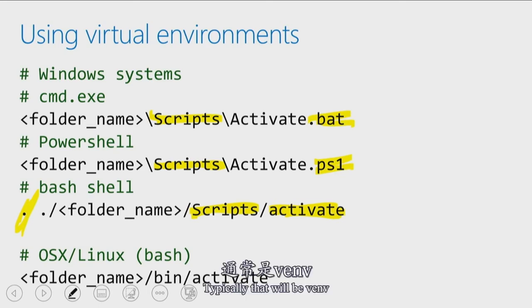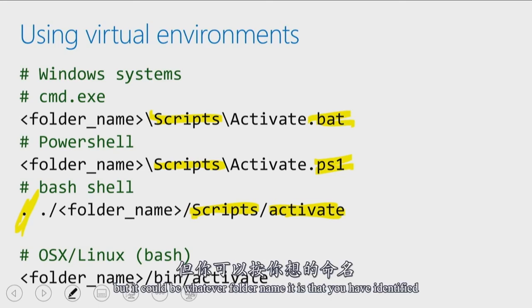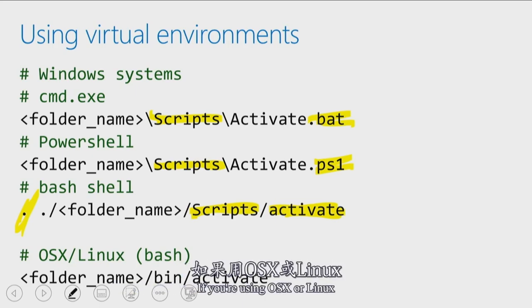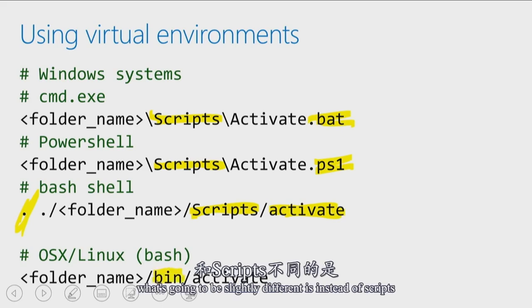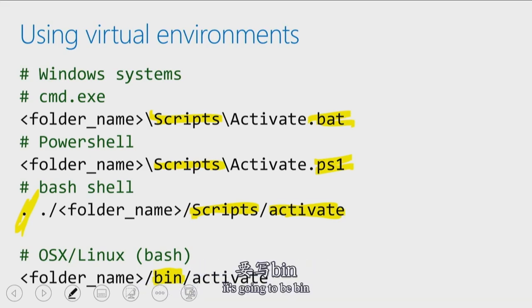Typically, that will be venv, but it could be whatever folder name it is that you have identified. If you're using OS X or Linux, then it's the same as before. What's going to be slightly different is instead of Scripts, it's going to be bin. That's where you'll find that activate, and then away you go from there.